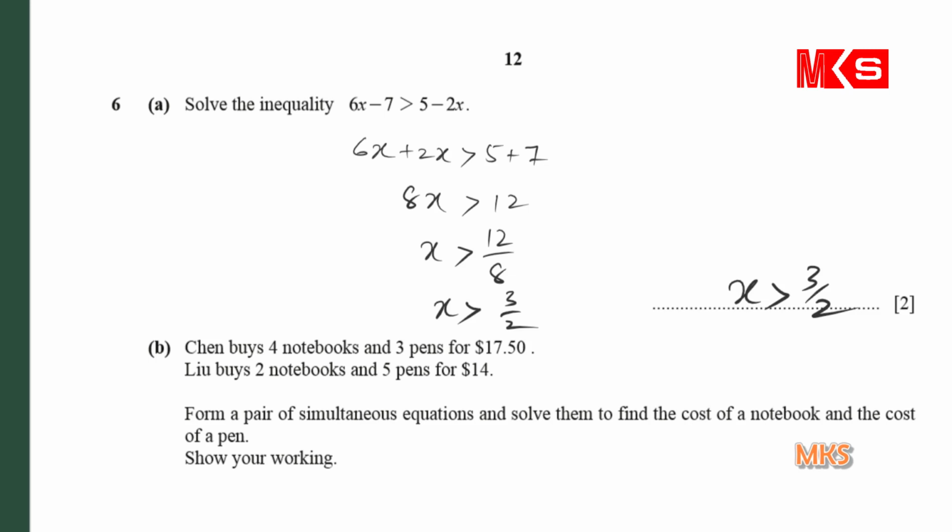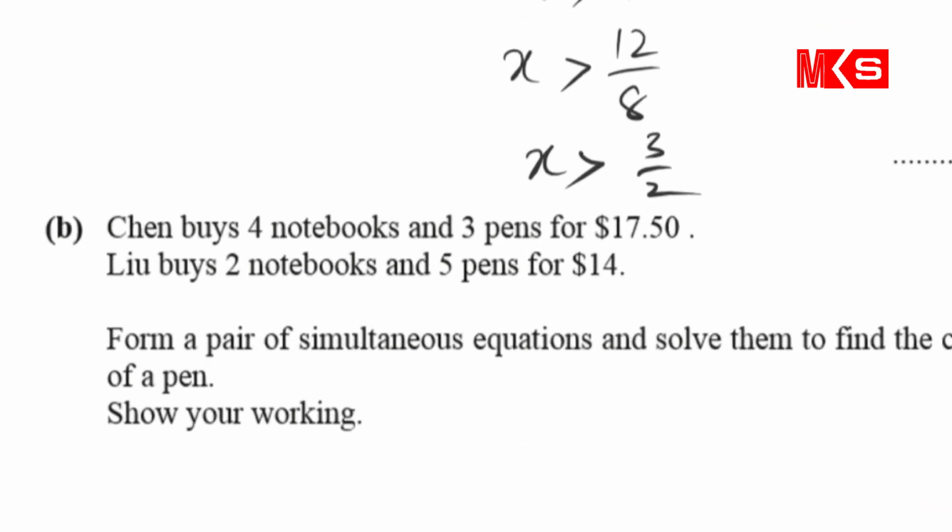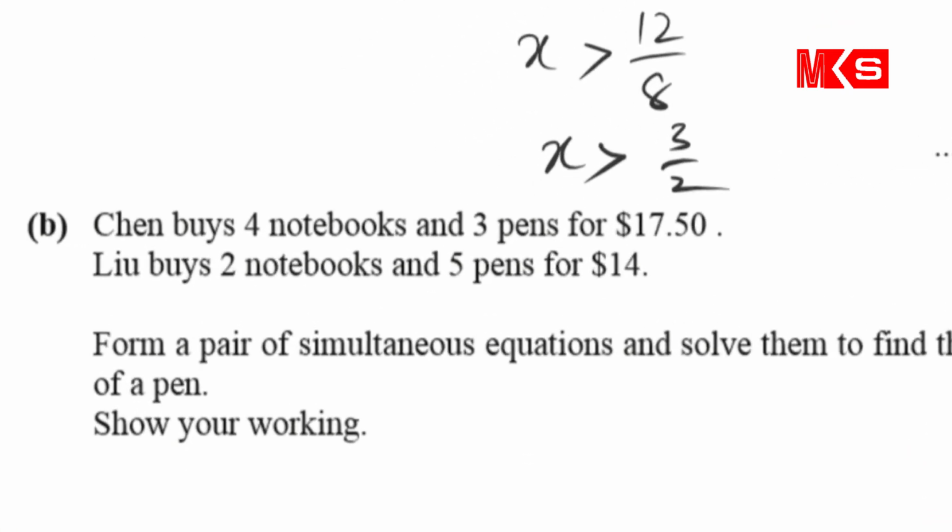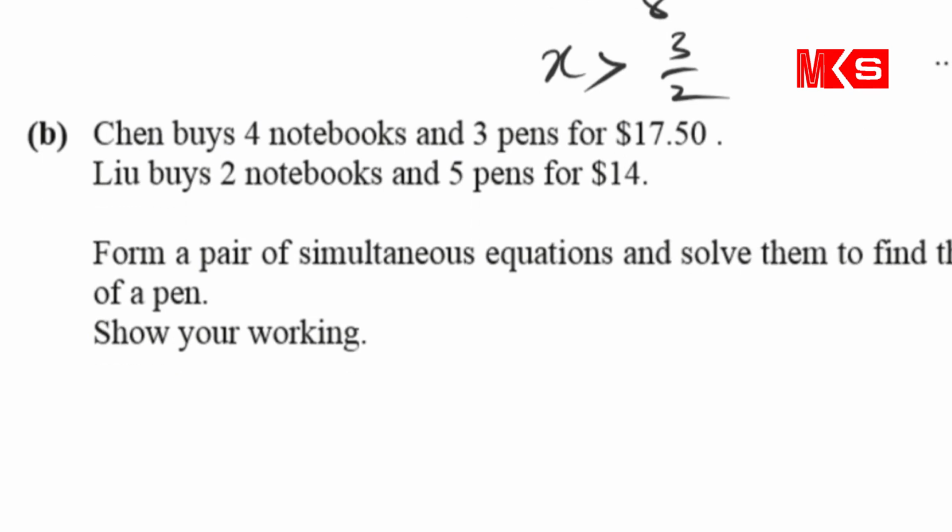It's up to you. Chen buys 4 notebooks and 3 pens for $17.50. Liu buys 2 notebooks and 5 pens for $14. The price of each is not mentioned in the question, but otherwise you can see we can make a pair of simultaneous equations and then we can solve them.